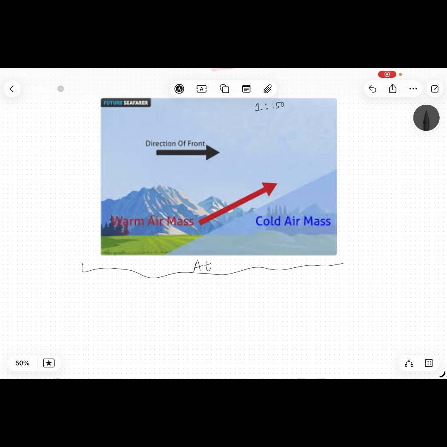Now the part which is after the front, basically this portion, is known as ahead, or it is also known as before. Why before? Because the front is happening before it. So it will obviously keep moving in this direction. Every 150 nautical miles it is going horizontally, it is rising up by 1 nautical mile. So this before area is before the front has arrived at this location.